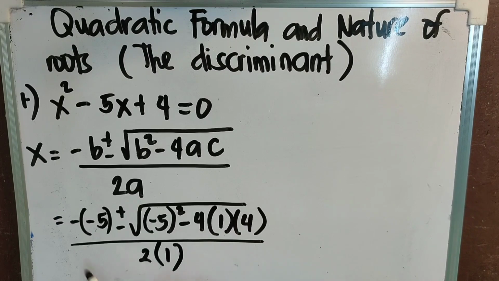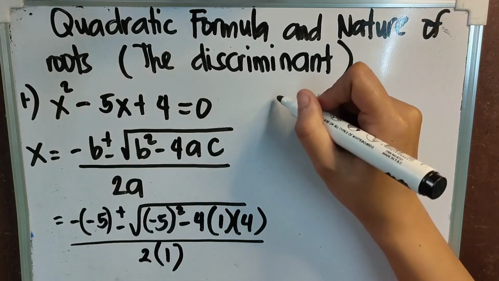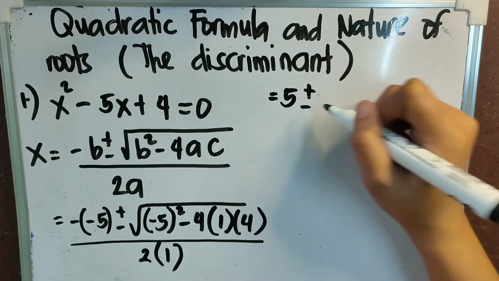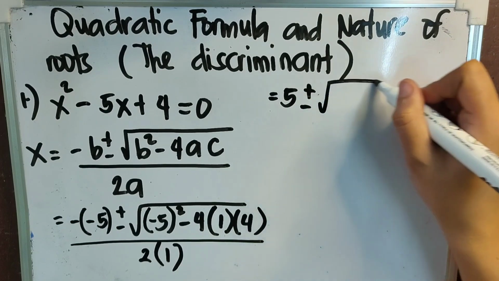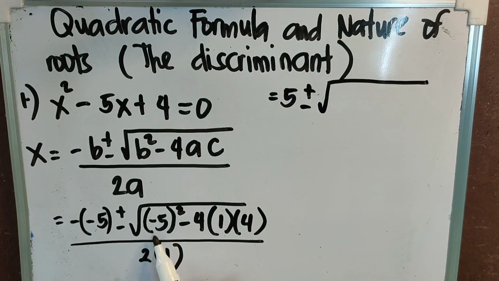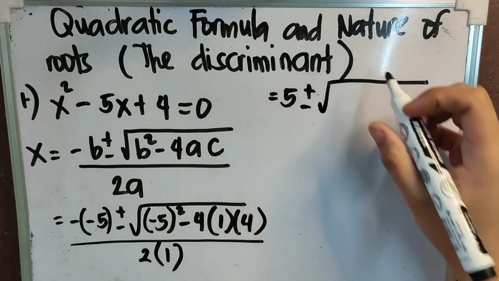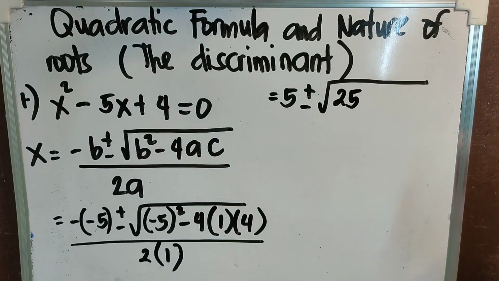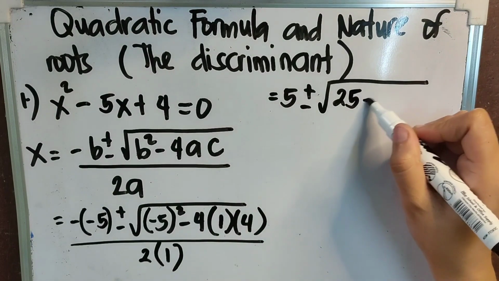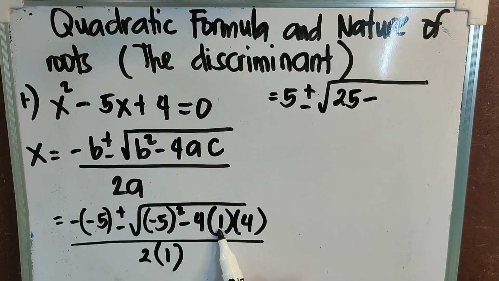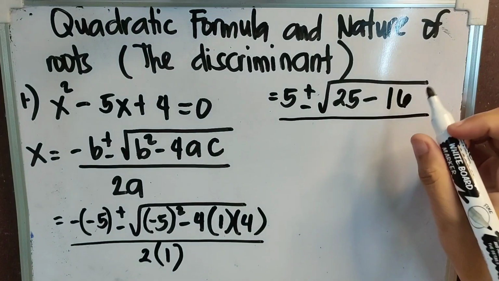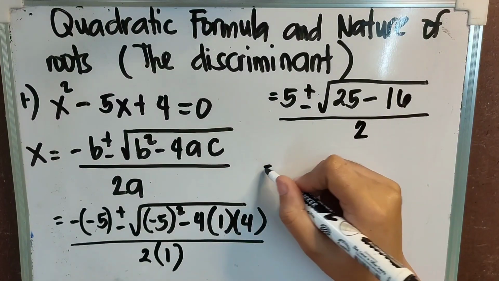Next, negative times negative is positive 5 plus minus square root of negative 5 times negative 5 is 25 minus 4 times 1 is 4, 4 times 4, 16, over 2.